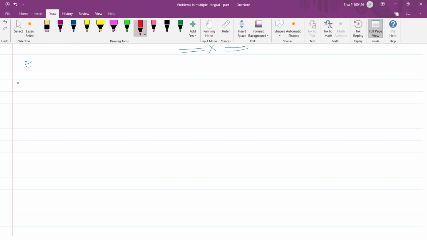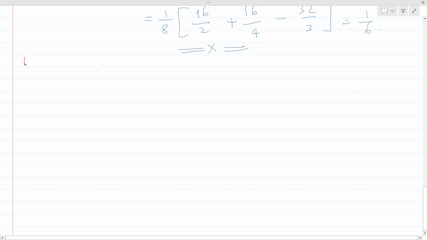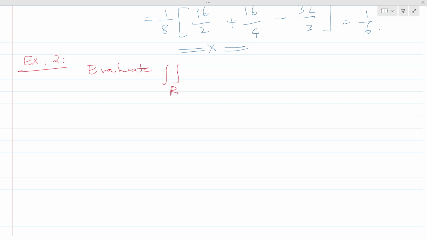Example number 2. Evaluate the double integral over R of e power minus y by y dx dy, by choosing the order of integration suitably.